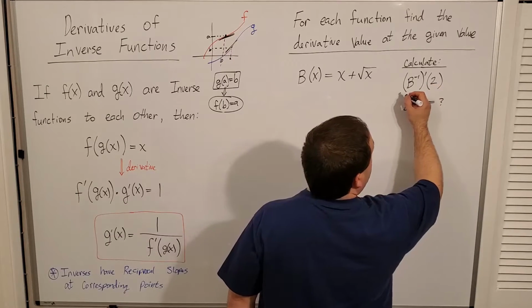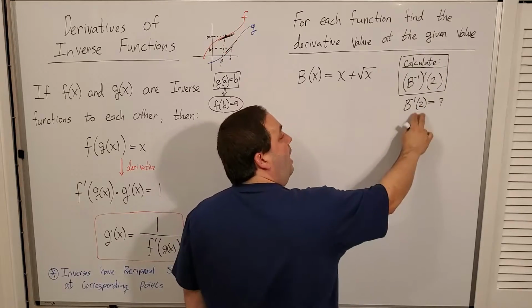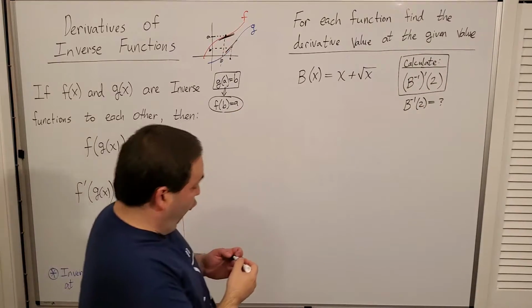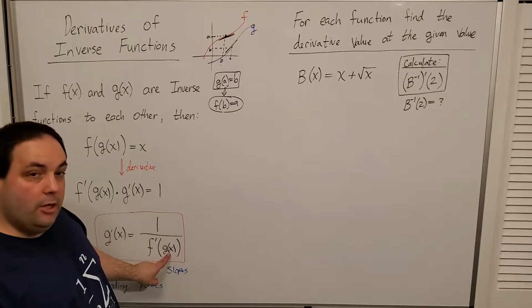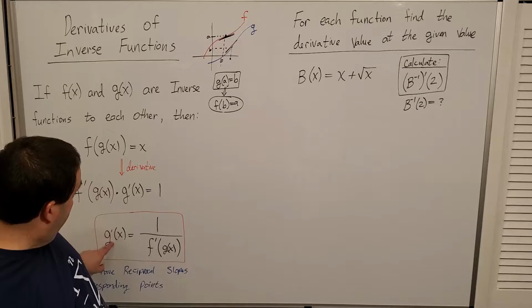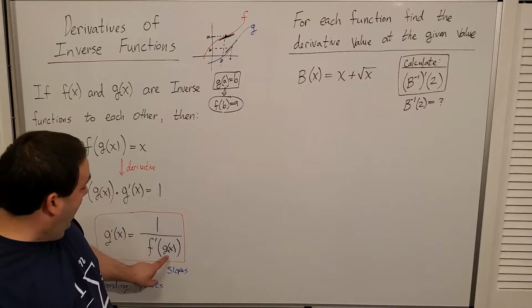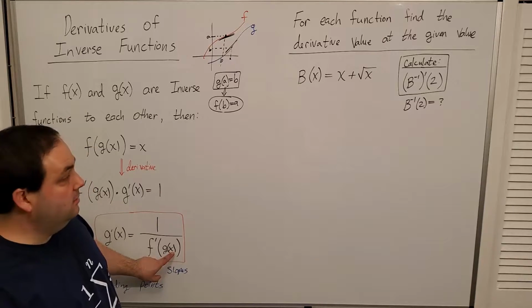Because I want to know the derivative at a point, I'm also going to want to know the original value at that point, because that's going to go here, right? To do the g derivative at x, I also want to know what the g of x is.